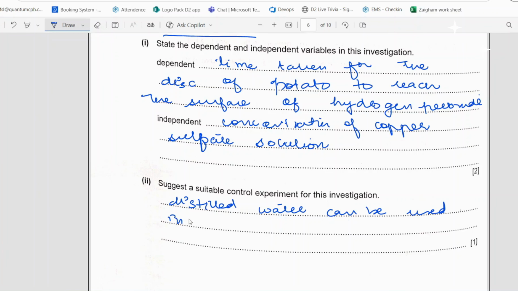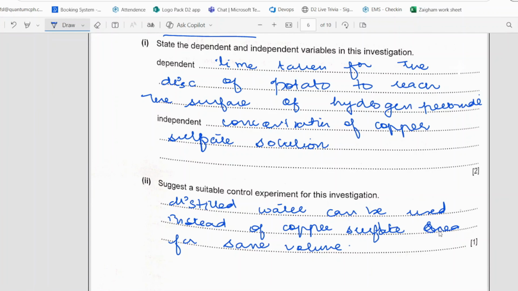You have to tell what should be added in a controlled experiment. But the volume should be the same. Oh, copper sulfate solution, I have written surface area.